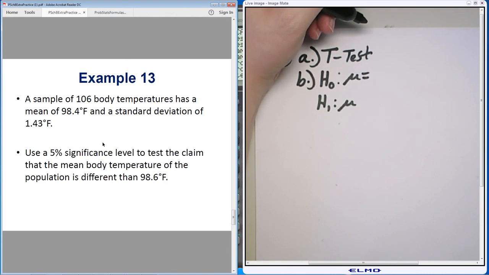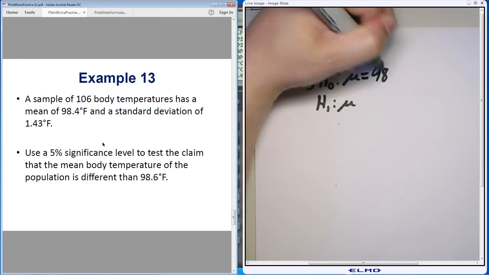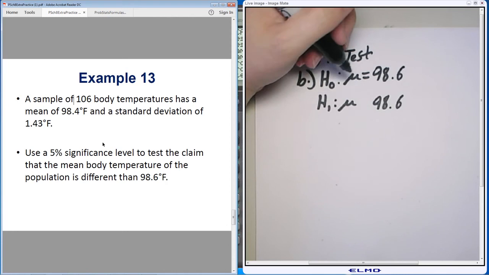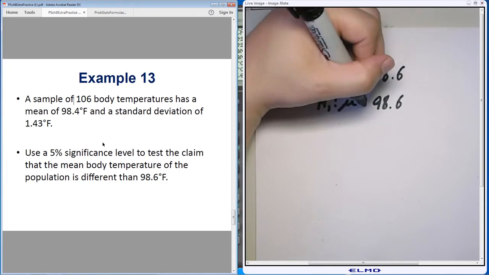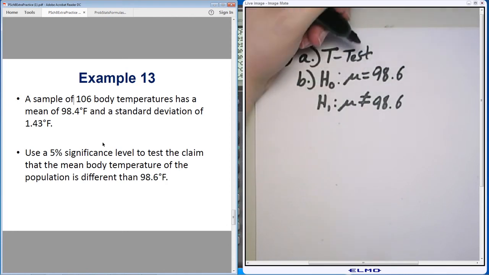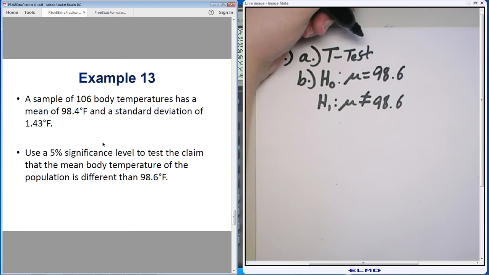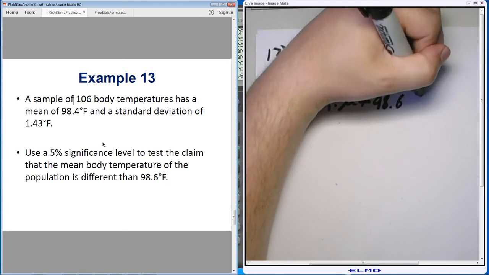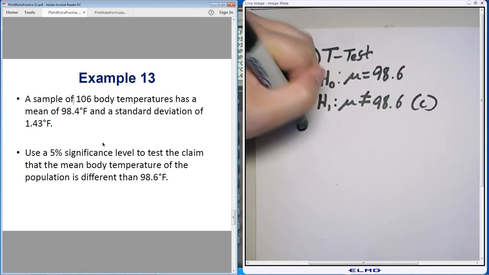The number that we're curious about is 98.6. And there's no inequality mentioned, so not equal to. The claim is that it's different. If you have a number different than 98.6, it's not equal. So let's label that and move on.